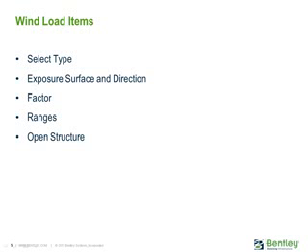The open structure option does provide a way to indicate that the structure is not actually enclosed to catch the wind. If this option is selected, wind pressure will still be calculated and the load will be applied to the structure, but the loads will be based on the projected area of the individual framing members in the model, and they will be applied in the form of line loads on the members instead of nodal loads at the joints.